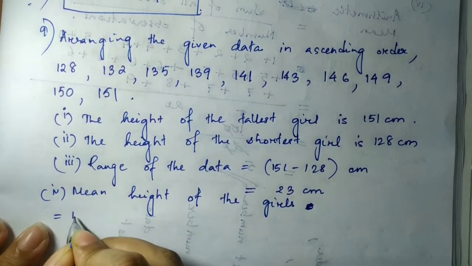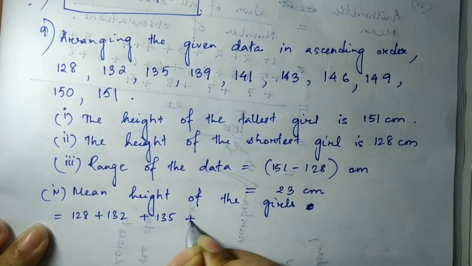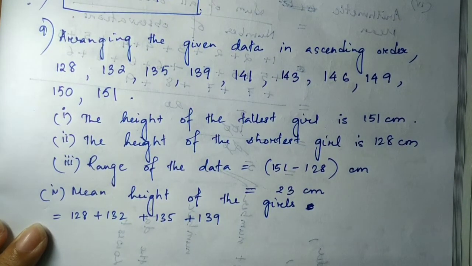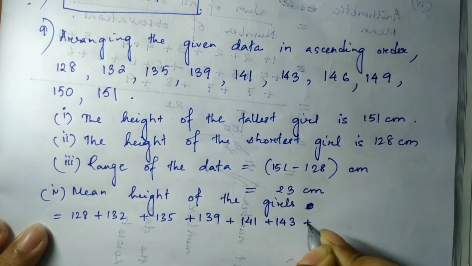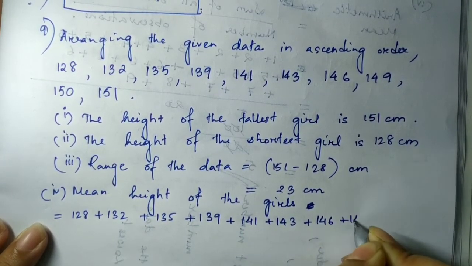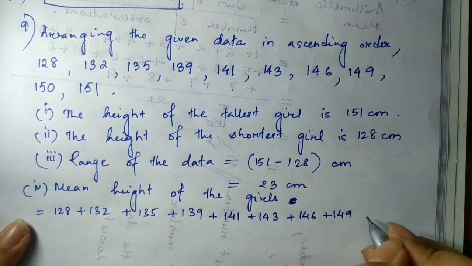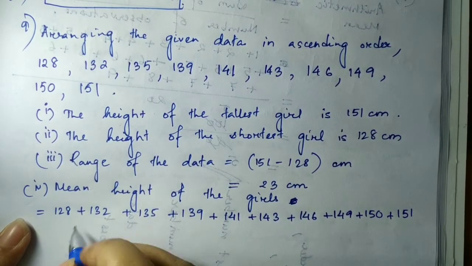It'll come in one line. 128 plus 132 plus 135 plus 139. Okay. Plus 141 plus 143 plus 146 plus 149. Hope it's coming in the page, same line. 150 plus 151. You can write in the next line also, it's not an issue.